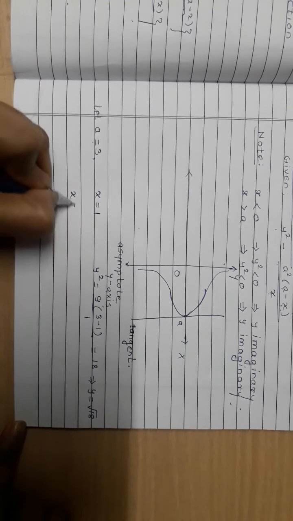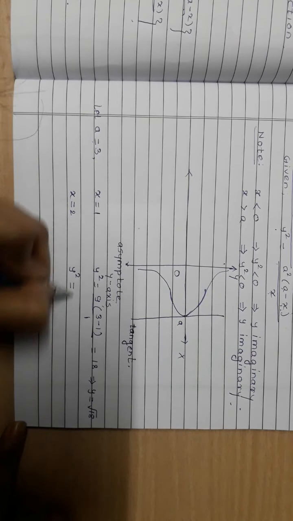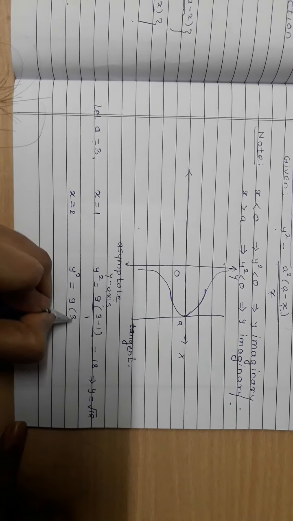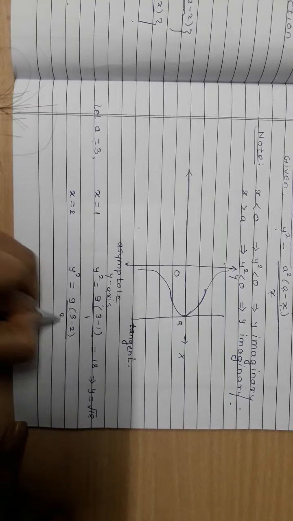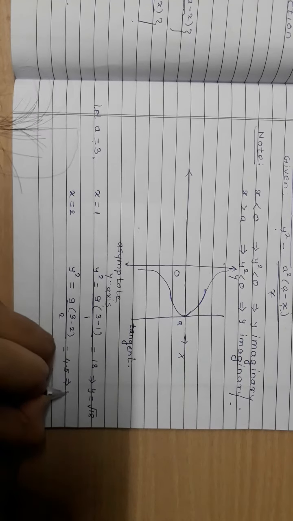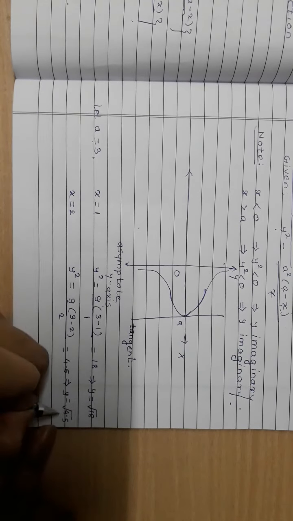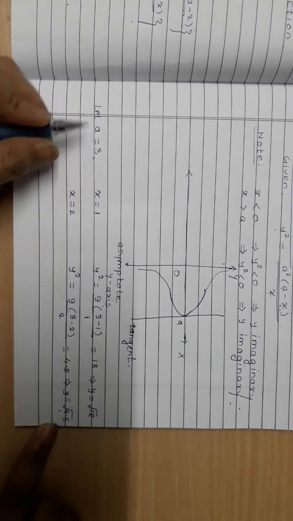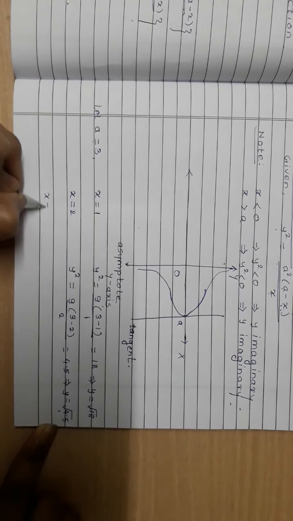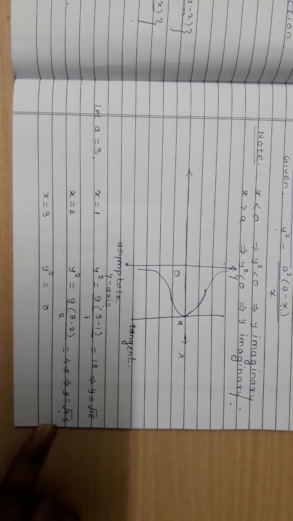When you take x is equal to 2, y square is 9 into 3 minus 2 divided by 2, which is 4.5. And so what is y? Square root of 4.5, surely less than this, it will be 2 point something, right? And when you consider x is equal to 3, y square is 0 straight away, right?